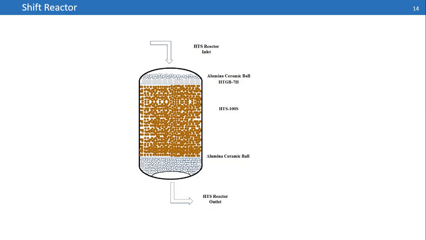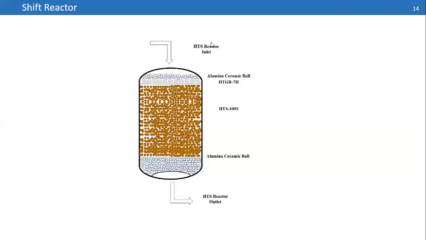The answer is that when we cannot reach the highest conversion in a reactor, we do it in multi-stage reactors, where we decrease the temperature gradually.